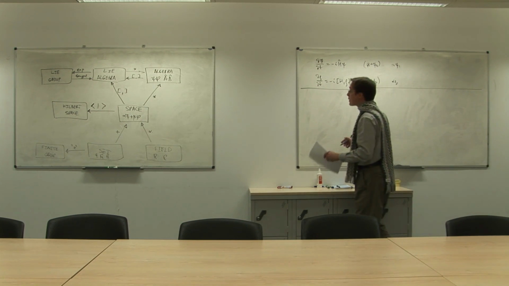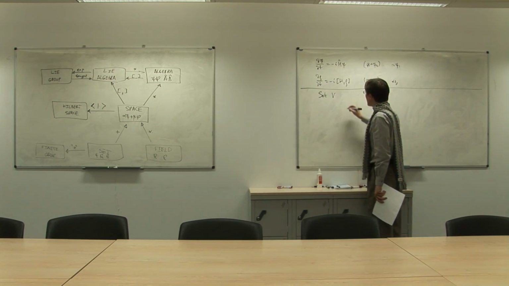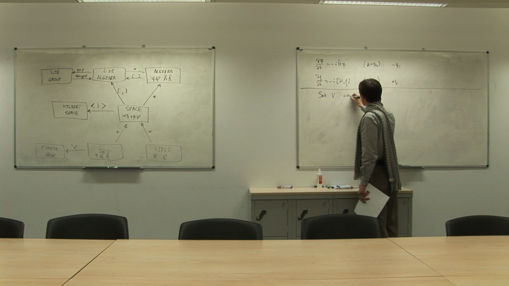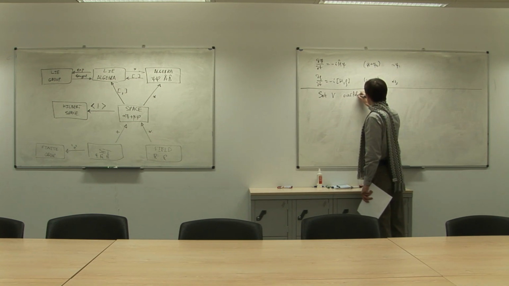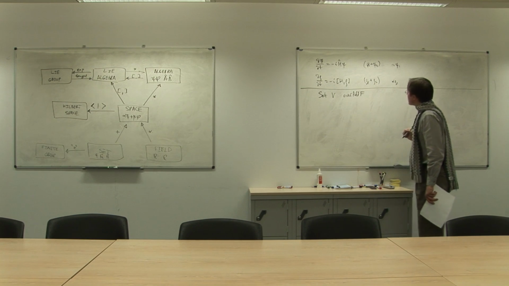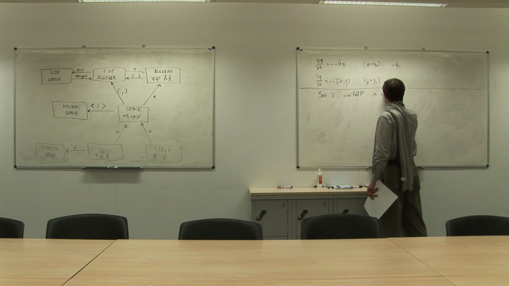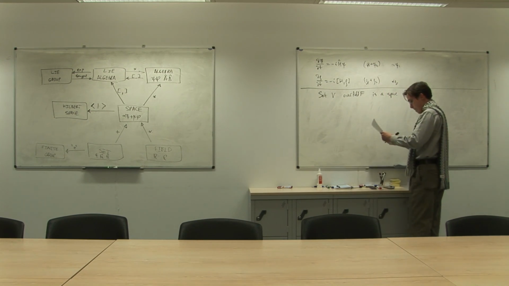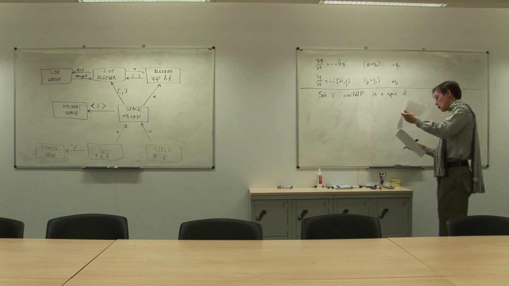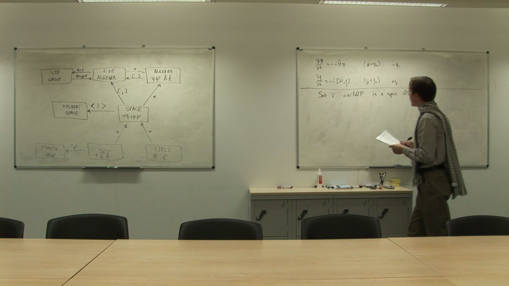So, generally speaking, a set V over a scalar field F is called a space if, and we've got our three big criteria.